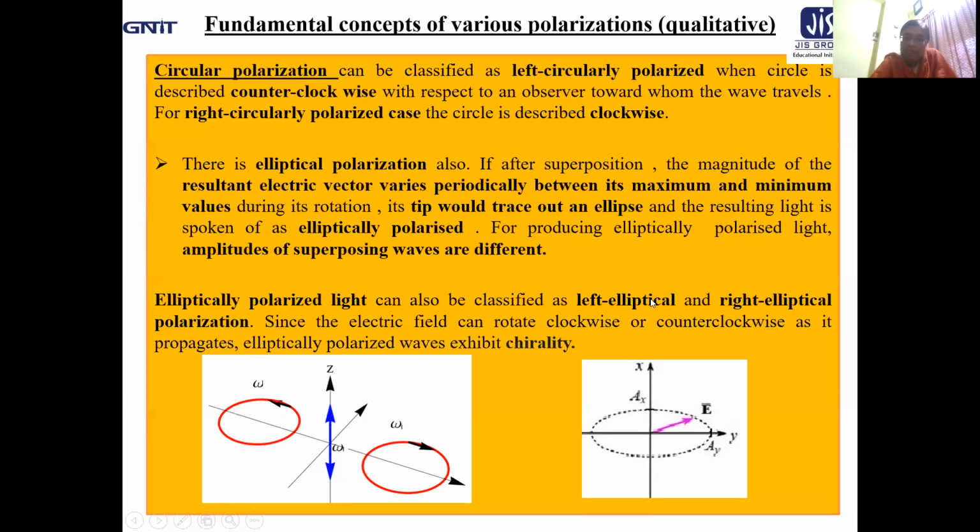And since the electric field can rotate clockwise or anti-clockwise as it propagates, naturally elliptically polarized waves exhibit chirality, the chiral property.